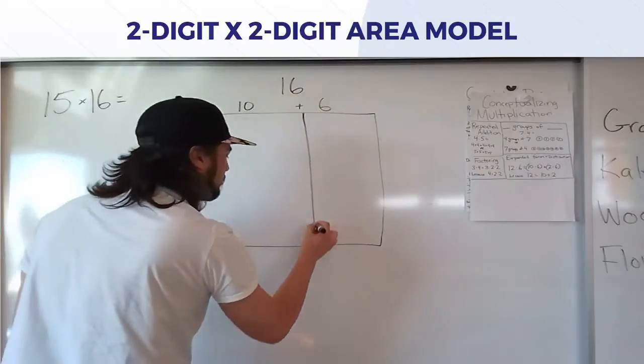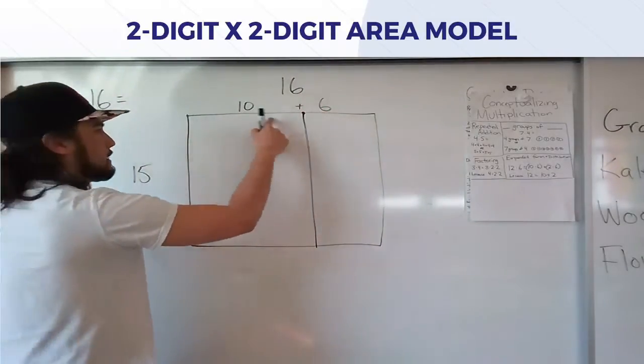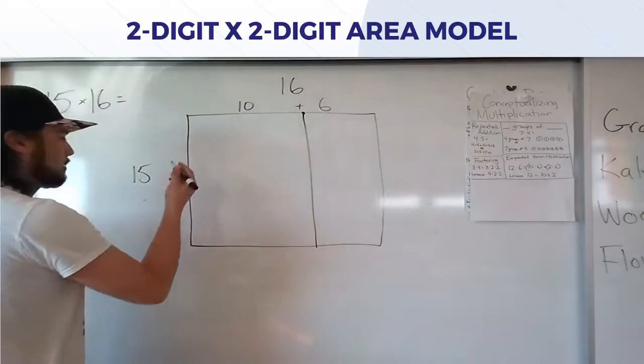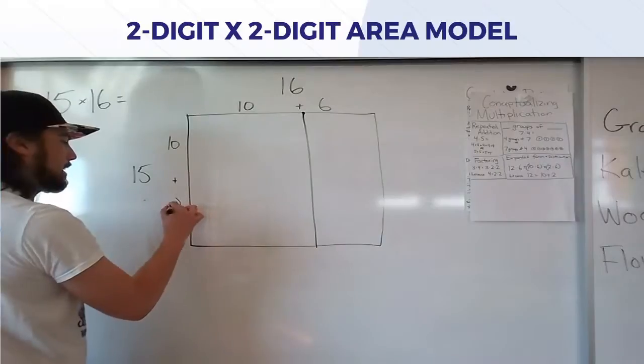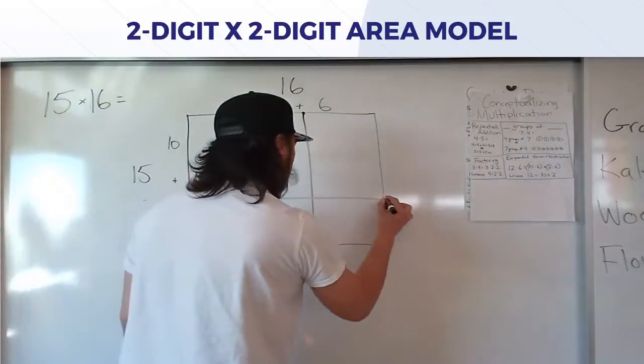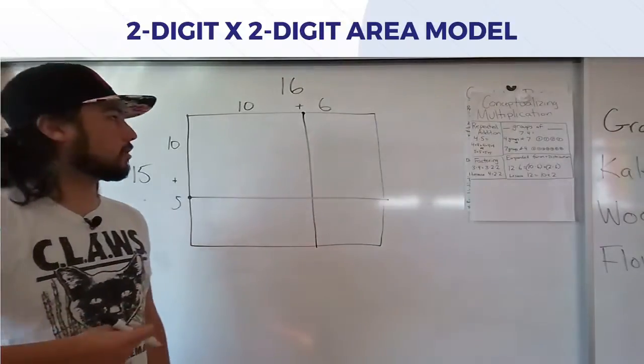And we can actually divide that into two line segments, one that's 10 long, one that's 6 long. Same thing here. Divide this into 10 plus 5. One that's 10 long plus 5 long.